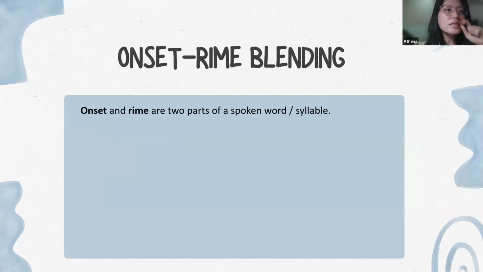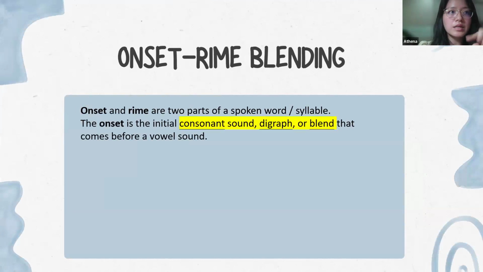So onset and rhyme are two parts of a spoken word, but that is the concept within one syllable. Okay, so the onset is the initial consonant sound. That can be one letter or two letters, like a digraph or blend, and that comes before a vowel sound. So before the vowel, that's the onset within one syllable.